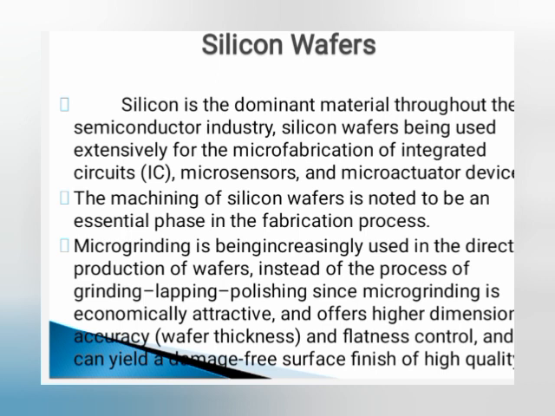Micro machining is being increasingly used in the direct production of wafers instead of the process of grinding, lapping, polishing, since micro grinding is economically attractive and offers higher dimensional and flatness control and can yield a damage-free surface finish of high quality. So silicon wafers play the predominant role in the IC industries.